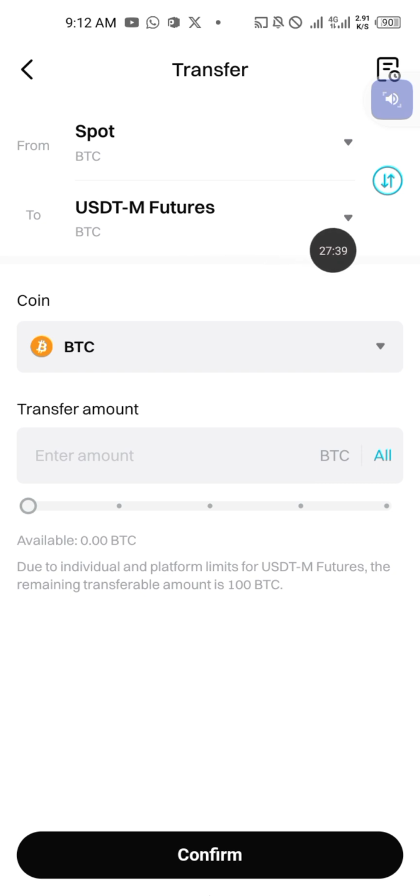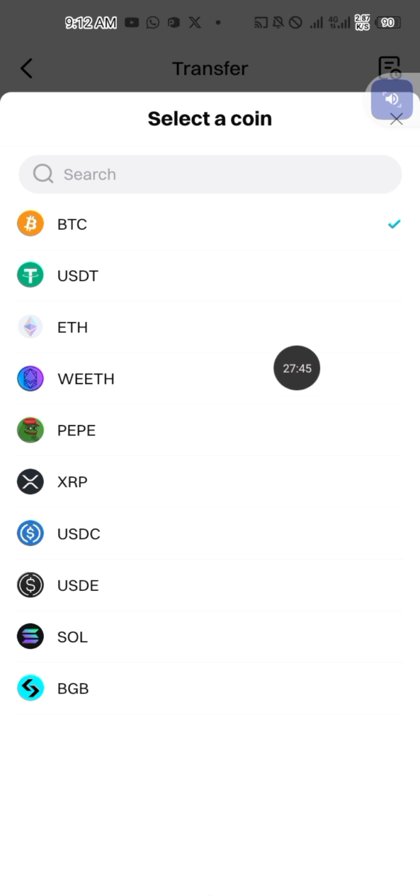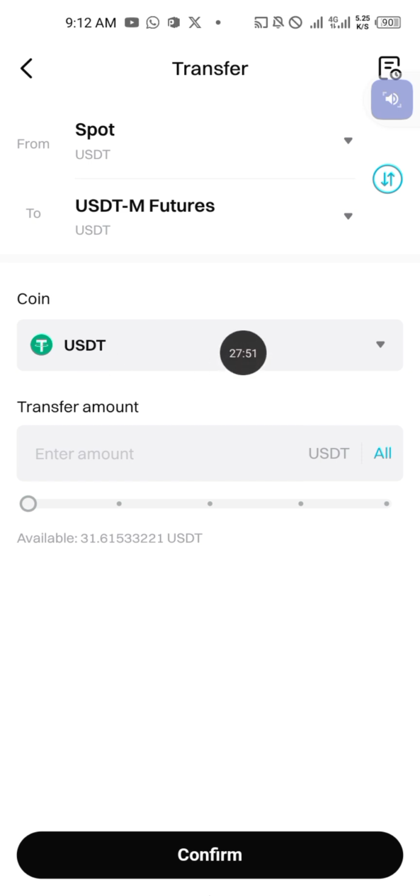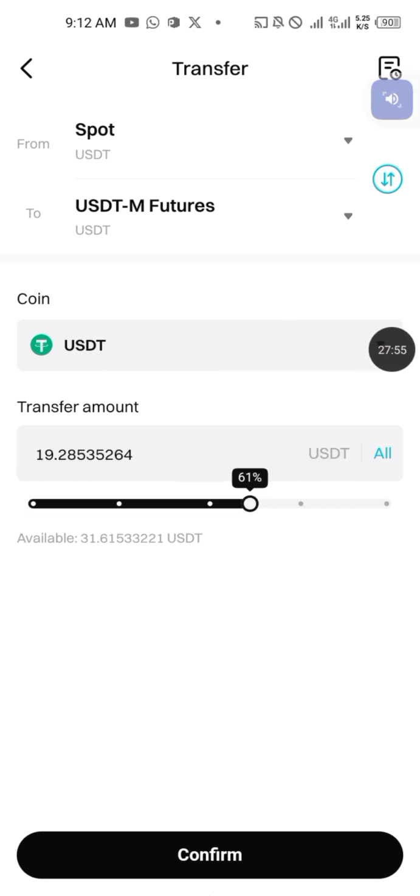It means futures wallet. Then I'll just tap this BTC and change it to USDT, because I'm not transferring BTC, I'm transferring USDT. Then I tap the amount I want to transfer. If I want to transfer all, then I'll tap on this all. Then I confirm my transaction and the coin will automatically transfer.